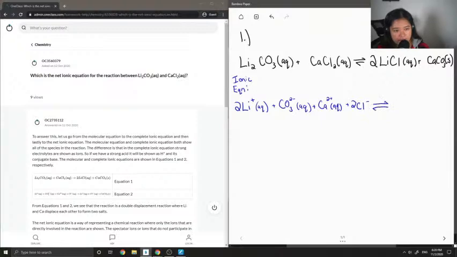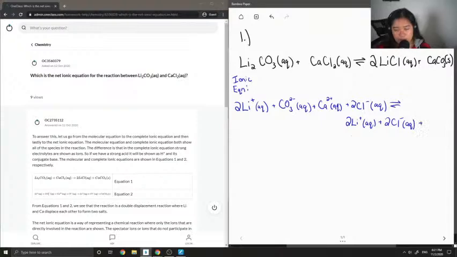I'm going to write the rest on the second line so that there's more room. Okay, so we have 2 lithium plus, plus 2 chlorine minus.